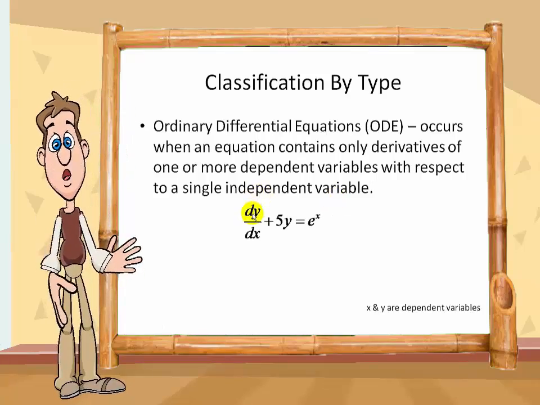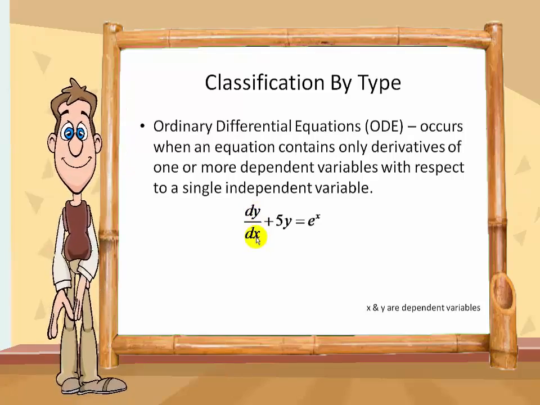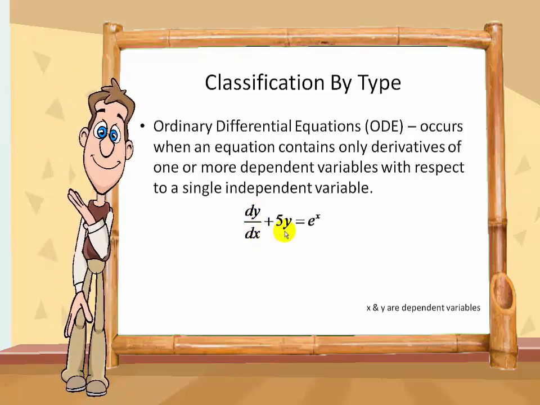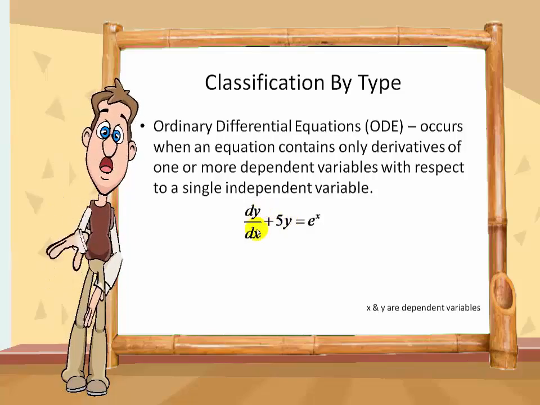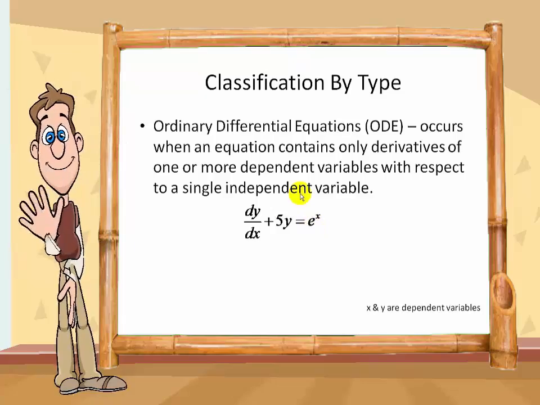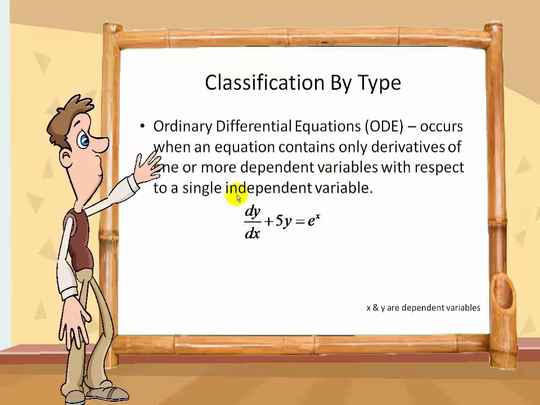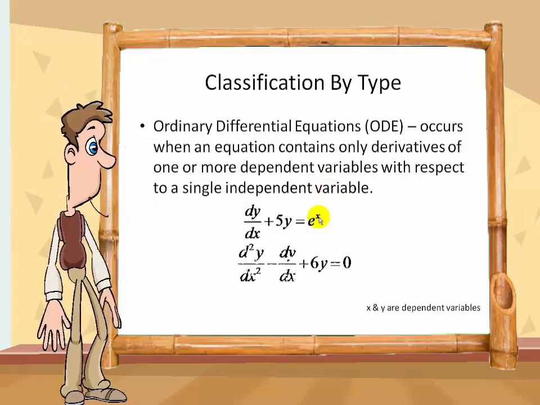So here's dy dx. y is the dependent variable, x is the independent variable. So here dy dx plus 5y equals e to the x. So here's our derivatives with respect to a single independent variable, and in this case it's x.